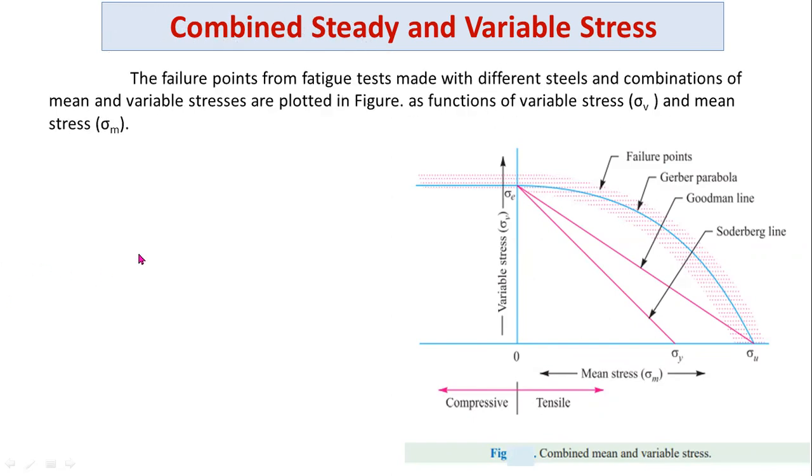The failure points from fatigue tests made with different steels on combinations of mean and variable stresses are plotted in the figure as functions of variable stress sigma v and mean stress sigma m.